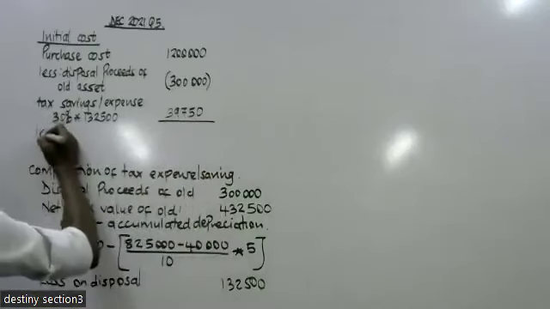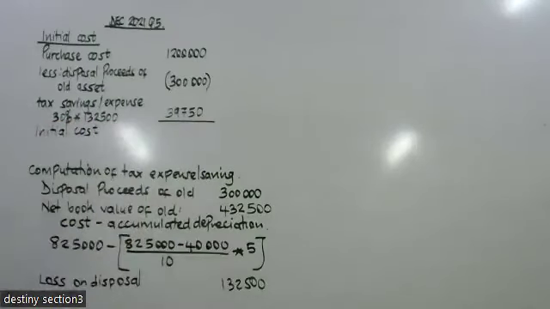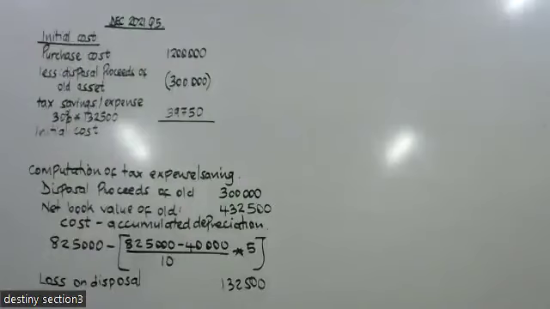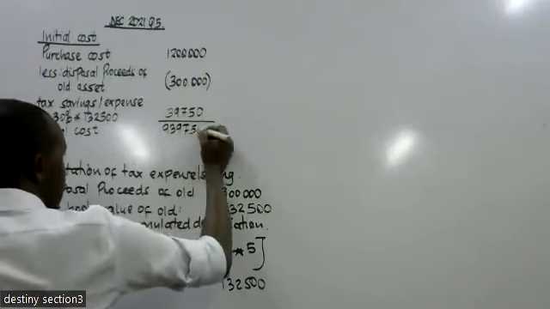How much is your initial cost? How much is that initial cost? 999,728.